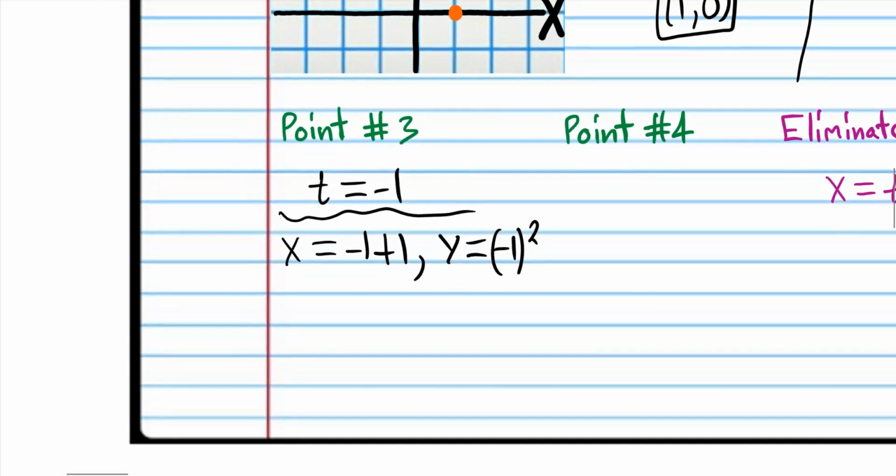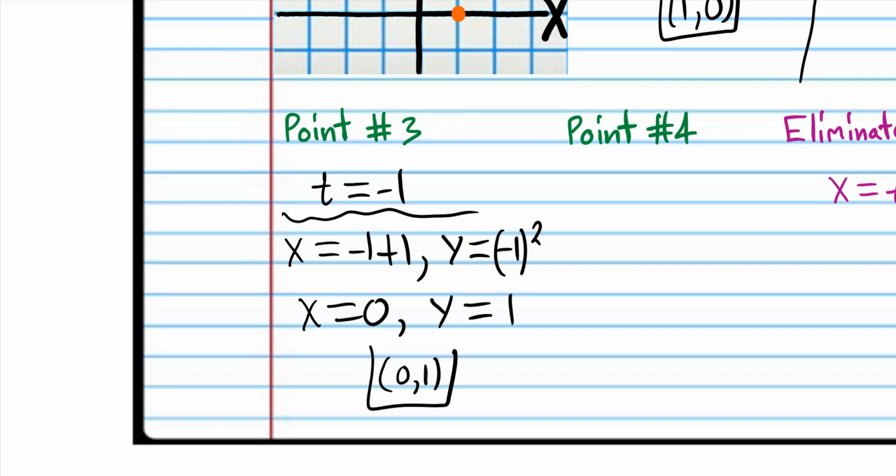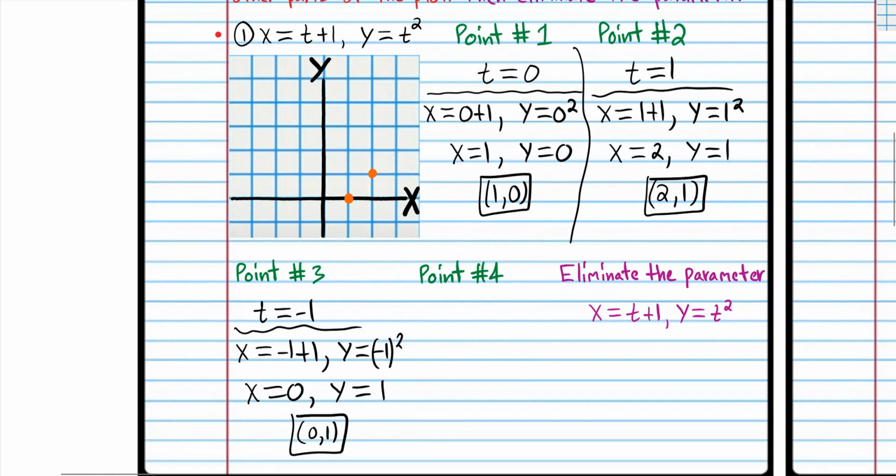Now remember, when you square -1, you have to use parentheses. If you don't use parentheses, then it's not going to be a correct expression. So x is 0, and y is 1. So our point on the graph is 0, 1.